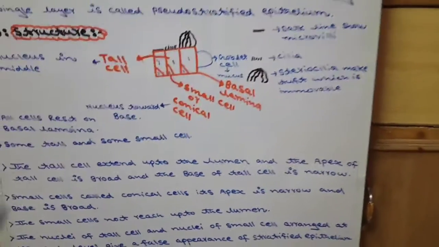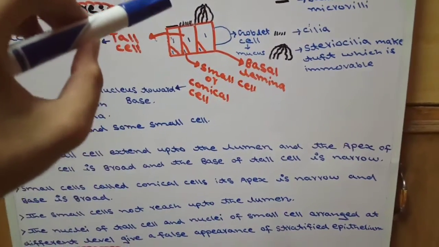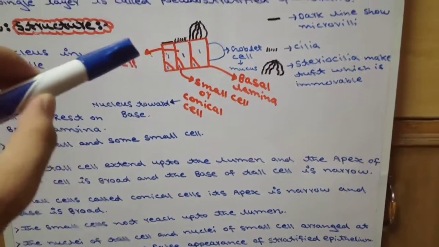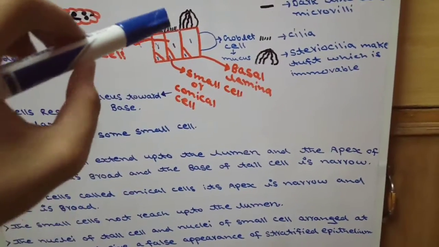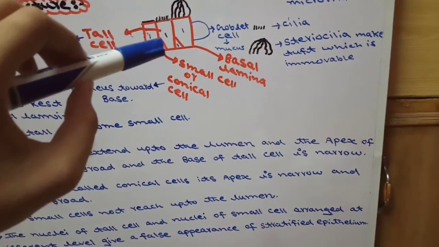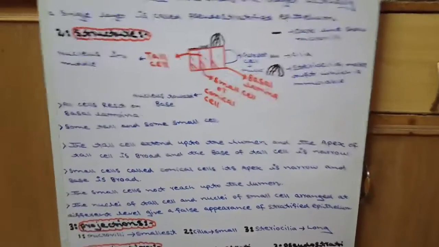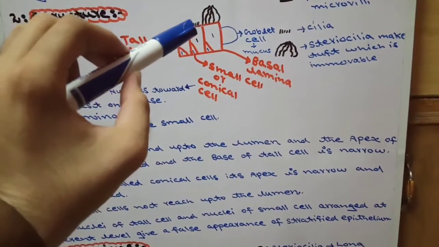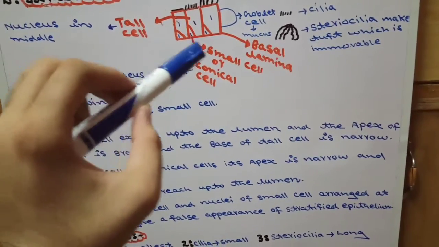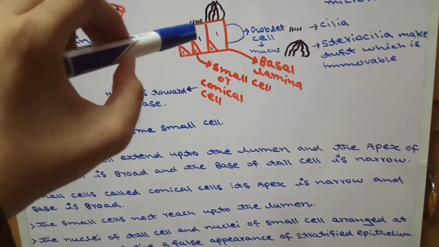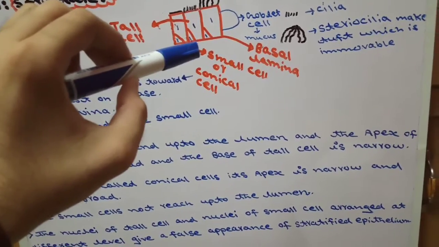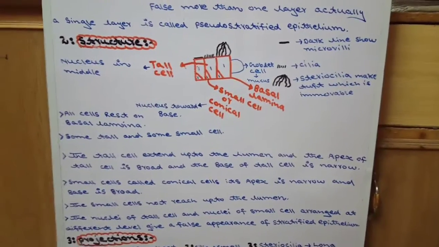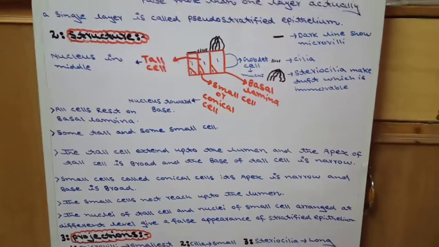Third, the tall cell has a broad apex and narrow base, and the small cell has the opposite, a narrow apex and broad base. Next, the tall cell has its nucleus in the middle, but the small conical cell has its nucleus toward the base. This is the difference between tall and small conical cells.